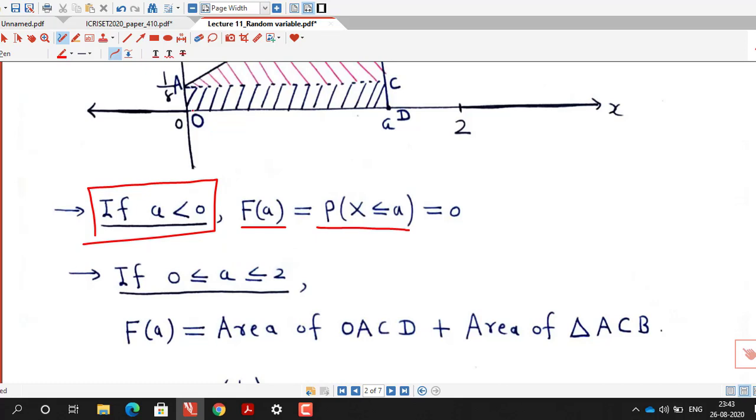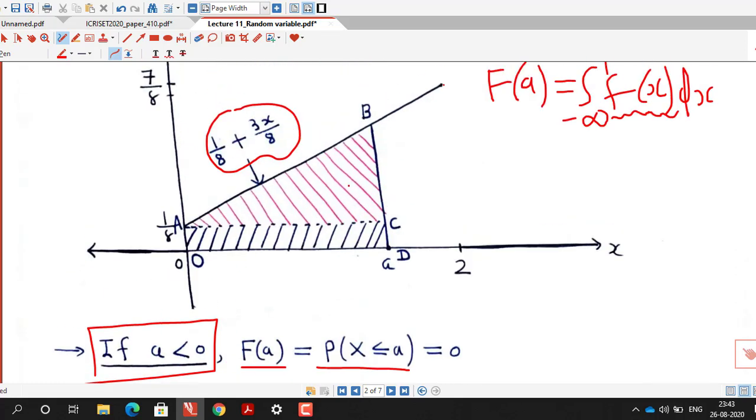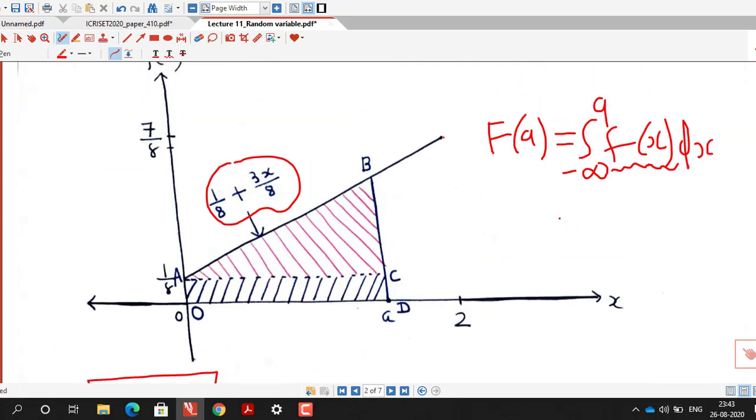Now the second part is if a lies between 0 and 2. Suppose a is somewhere here.